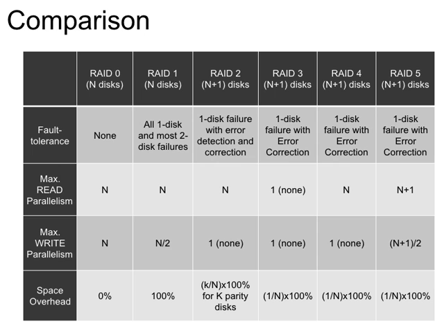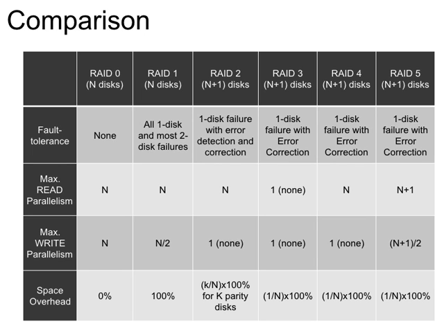In terms of space overhead, RAID 0 has 0% space overhead to store parity information. RAID 1 has 100% overhead. For every data disk, you need a parity disk. For RAID 2 through RAID 5, we need additional parity disks.